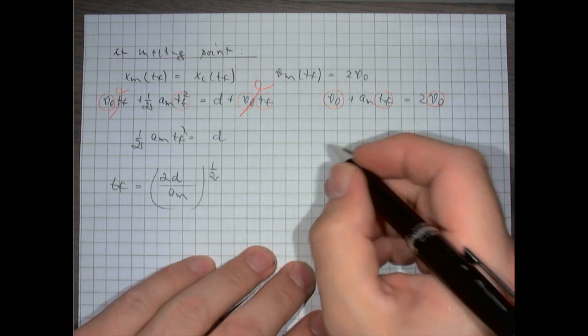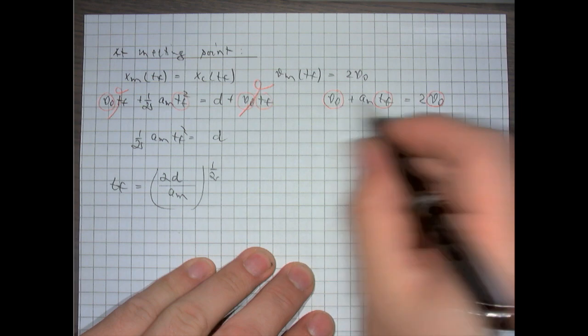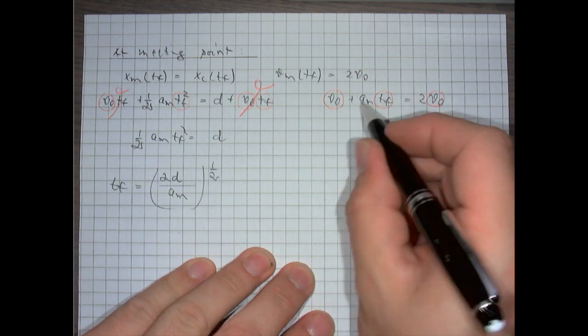And then for the velocity we now have, v minus v naught on the left side, minus v naught on the right side, gives you then v naught equals am tf.